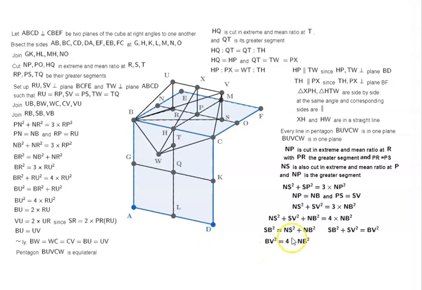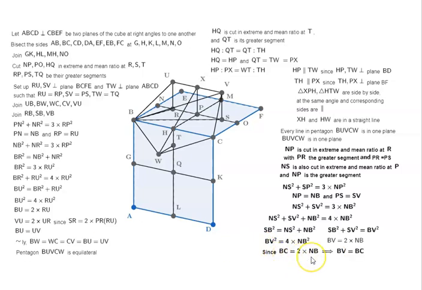So NS square plus NB square is equal to SB square, and SB square plus SV square is equal to BV square. So we can say BV square is equal to 4 times NB square. And if we take the square root, then we have BV is equal to 2 times NB.